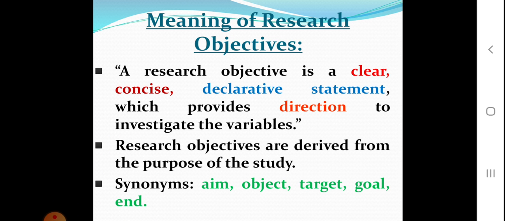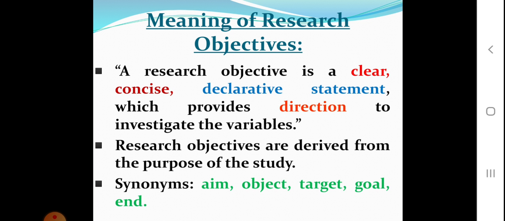Means, a research objective is a clear, concise, declarative statement which provides guidance and direction to investigate the variables. Means, dear students, a research objective is a declarative statement which provides proper direction to investigate the variables.